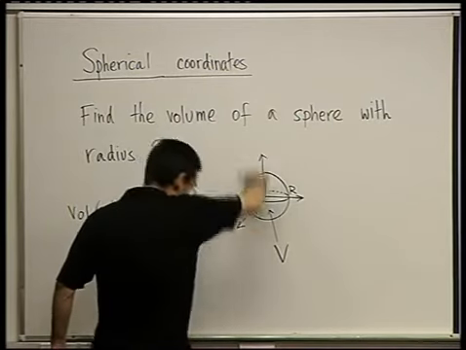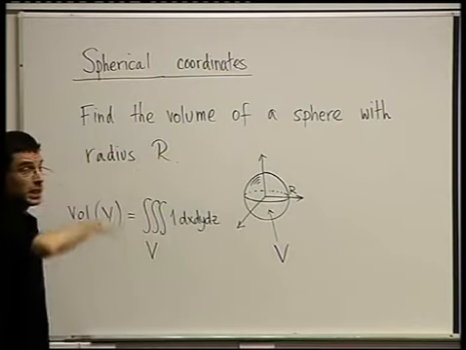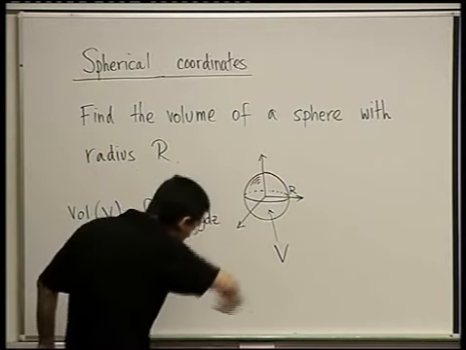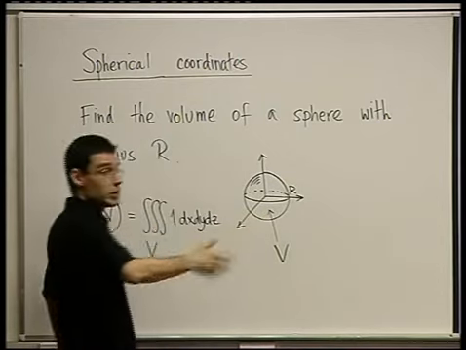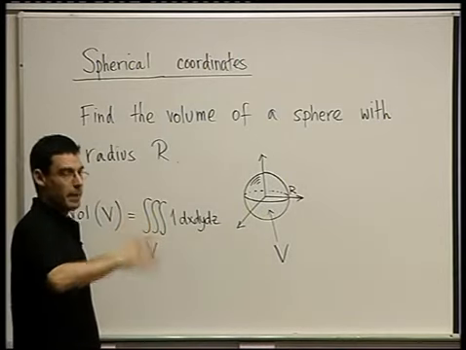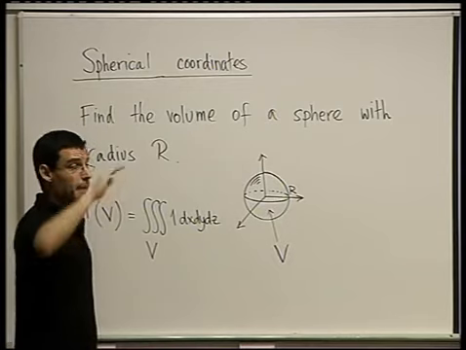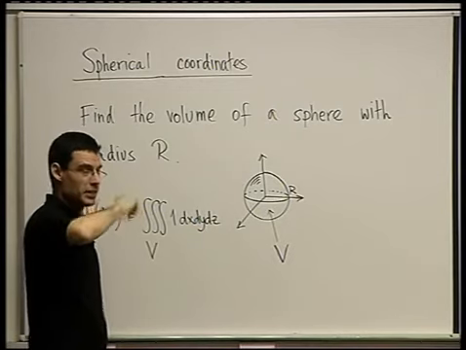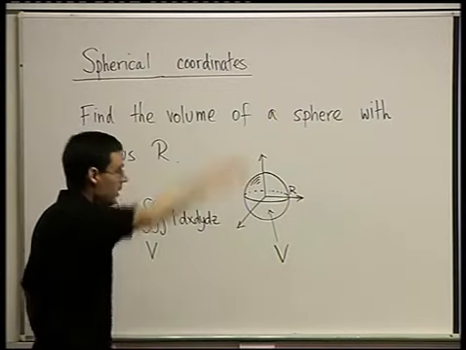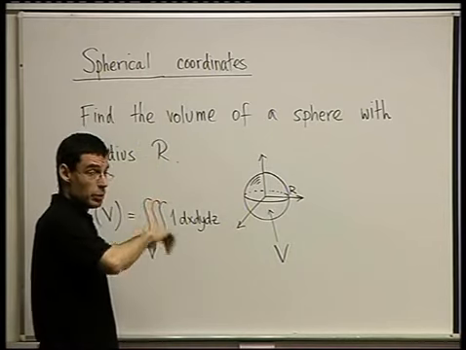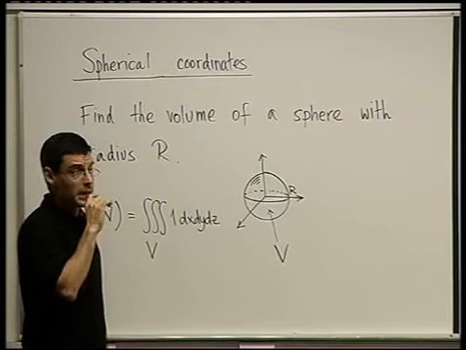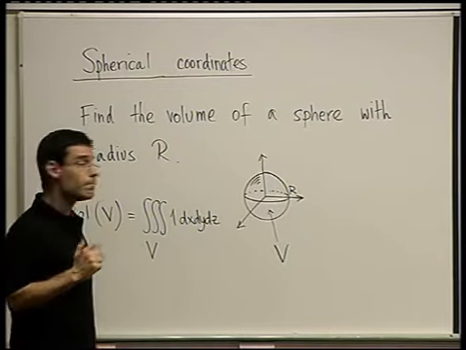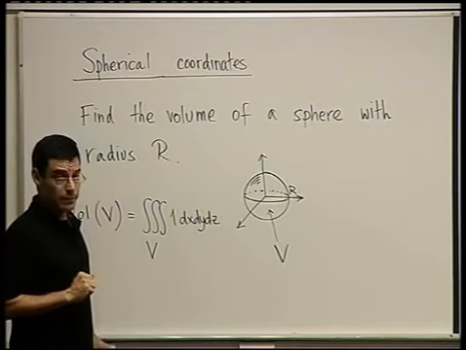And then you're going to have to do it in the z component between the lower half sphere, which is the graph of the function z equals the root of 1 minus x squared minus y squared, in minus that root, and then the top half of the sphere, which is the root of 1 minus x squared minus y squared. Okay, you could do it. The calculations could become challenging.